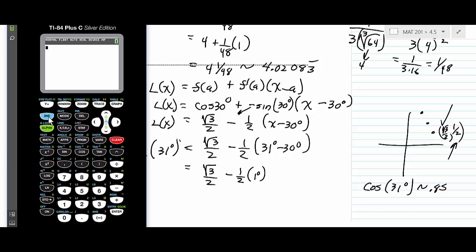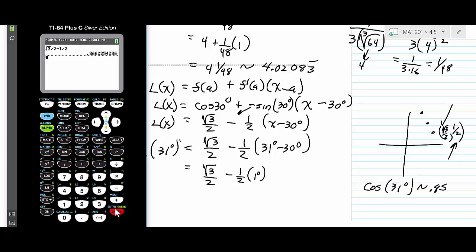So if we go square root of 3 and then divide it by 2 minus 1/2, that gives us nonsense. That's what I thought.